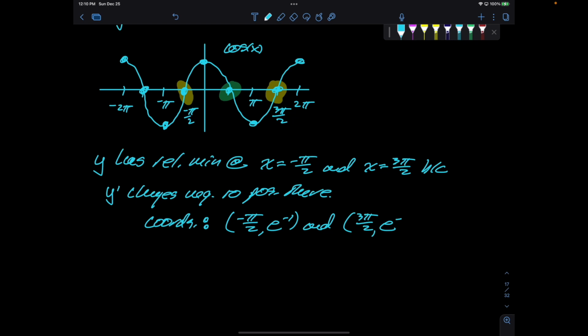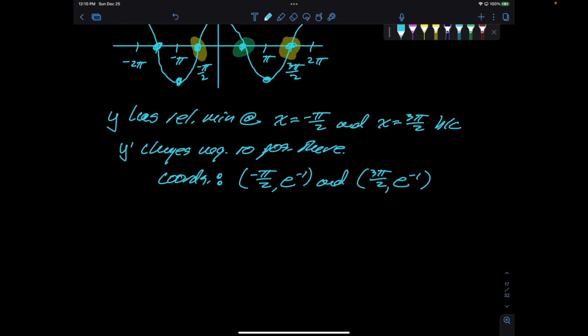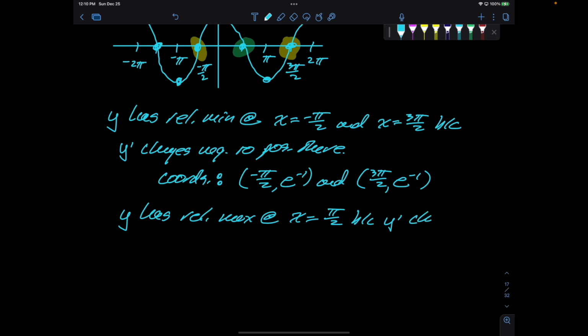So e to the negative 1. And then y has a relative max at x equals pi over 2. And our reason, because y prime changes from positive to negative there.